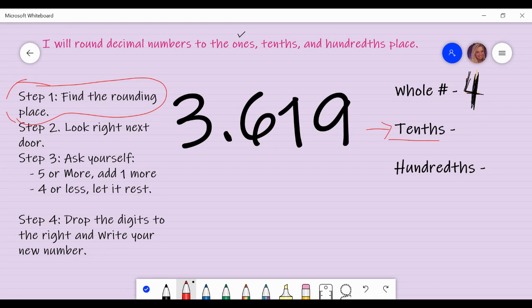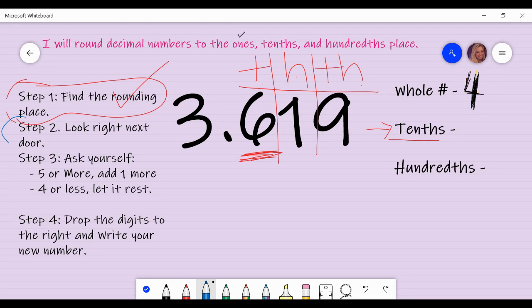The easiest way to remember is TH, for tenths, hundredths, thousands. We're looking at the tenths, so you've got to underline the tenths place. It's right here.